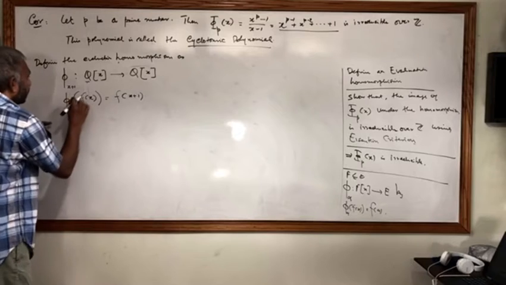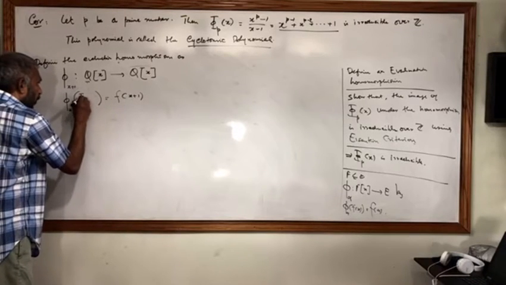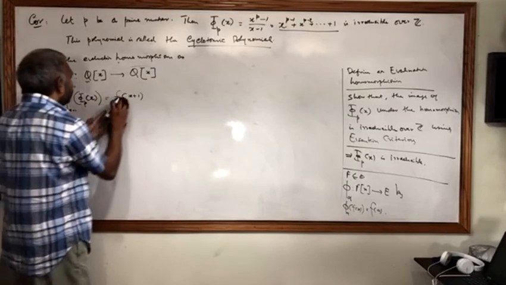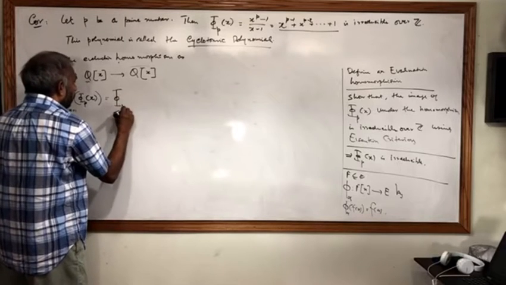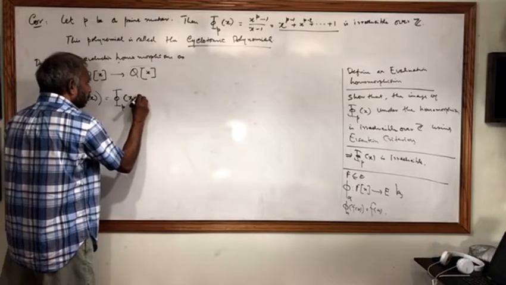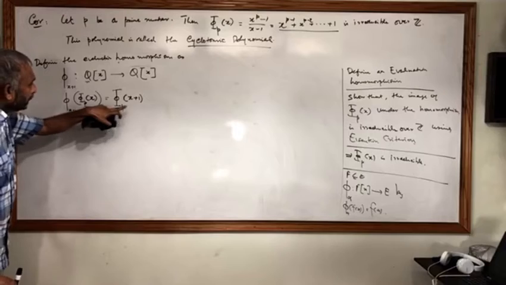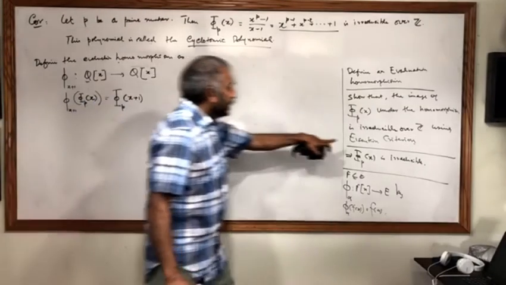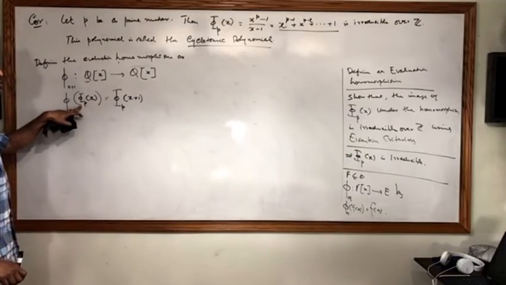Or in here we are going to write this as Phi of p(x) is equal to phi p(x+1). And what we are going to do is show here that this is irreducible using Eisenstein's criterion. And that means this also is irreducible.